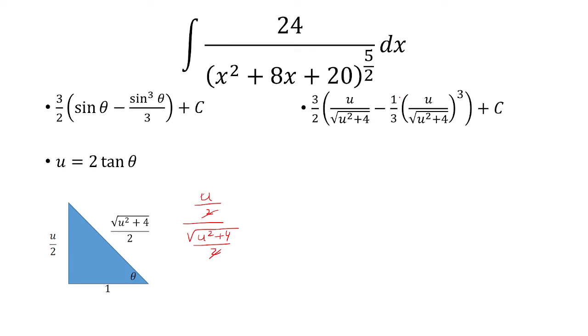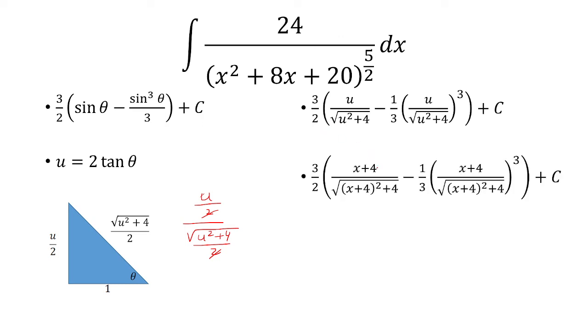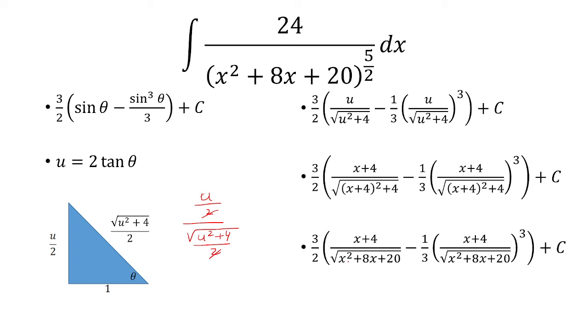And then there's 2 spots for sine. There's sine and sine cubed, so that's what I have here. Now u, we said it was x plus 4. Replace that. And then remember, we factored the x plus 4 squared plus 4, which came from just x squared plus 8x plus 20. So this right here is our final answer.